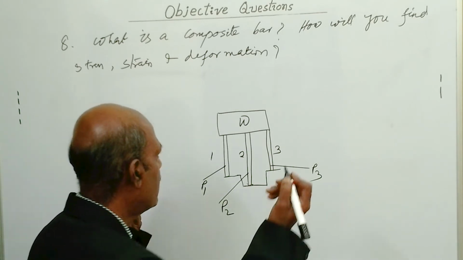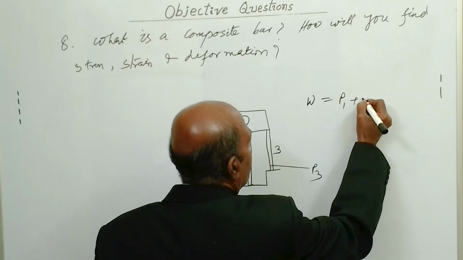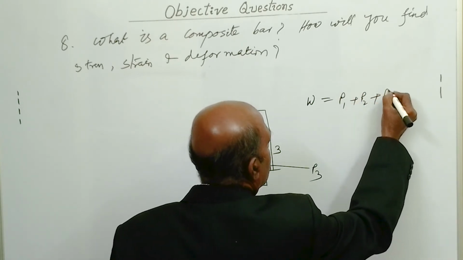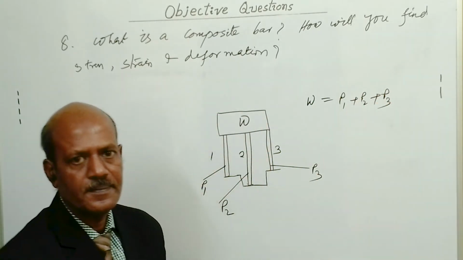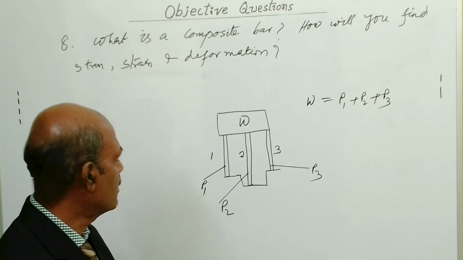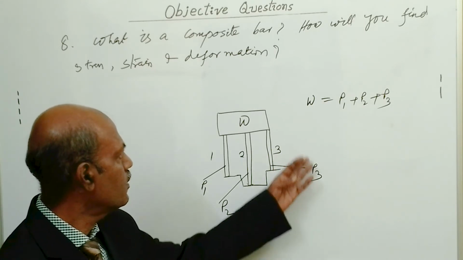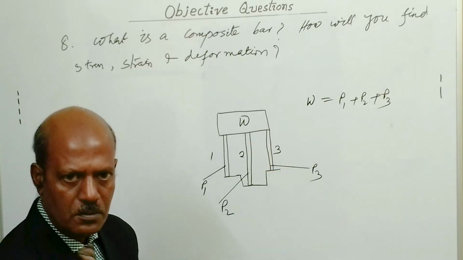So as per the static equation, we can write W is equal to P1 plus P2 plus P3. The total load is shared by the three members in the system.